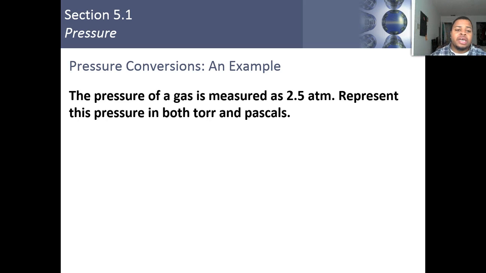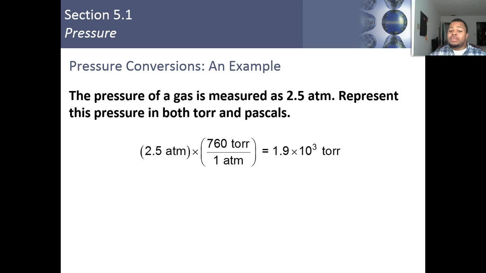Now, here's an example for the pressure conversions. If we're given the pressure of a gas measured in 2.5 atmospheres and asked to translate it or put it into torr and pascals, how would we go about doing that? Well, starting to look very much like it did when we dealt with our moles.